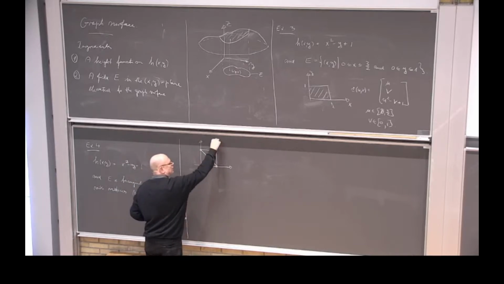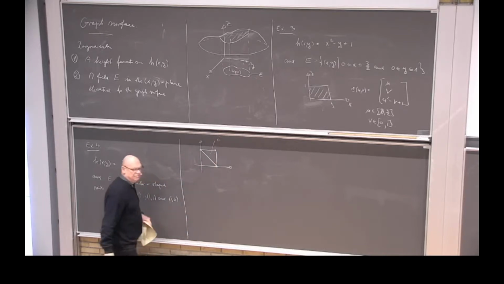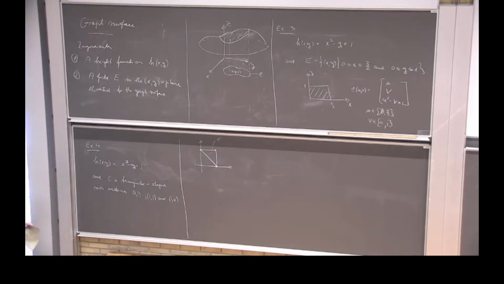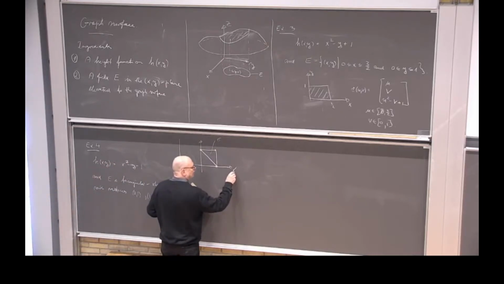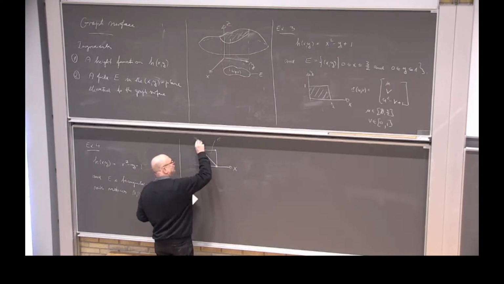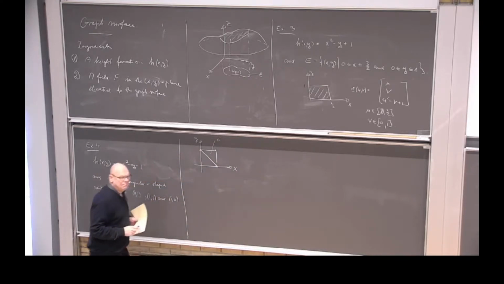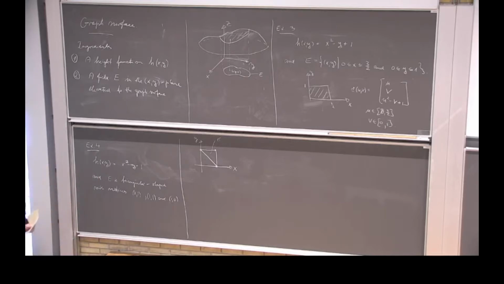So this one here is your E. Now it's no longer an axis parallel rectangle, but this is how it works. You have to map this or have a map from a rectangular area with parameters onto that point.